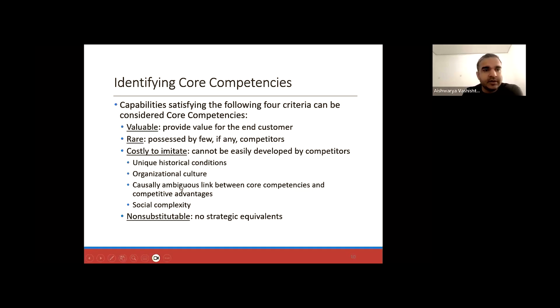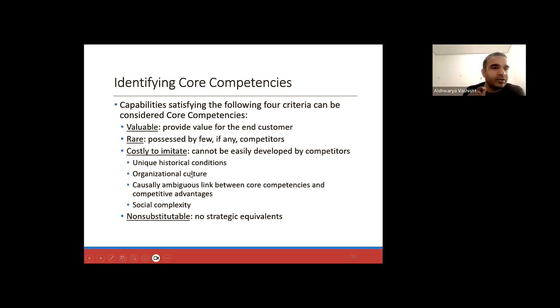It has both a historical reason, that it was due to the CEO's nature, the CEO's insistence that that is how the culture of the firm should be, that we will all be happy-go-lucky and all. So that is why it could be costly to imitate.